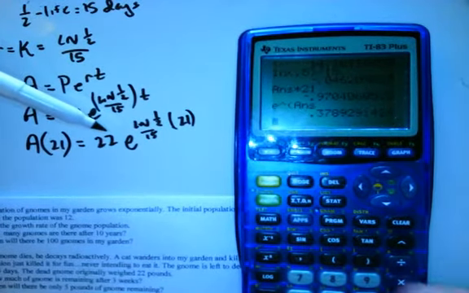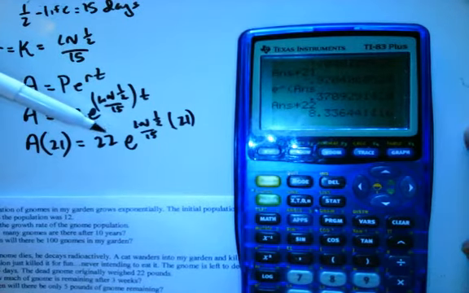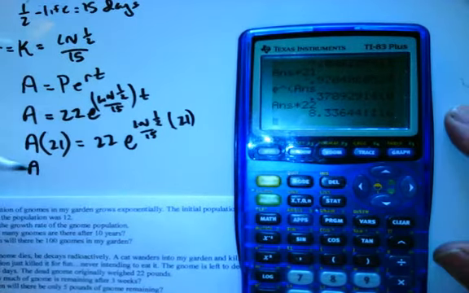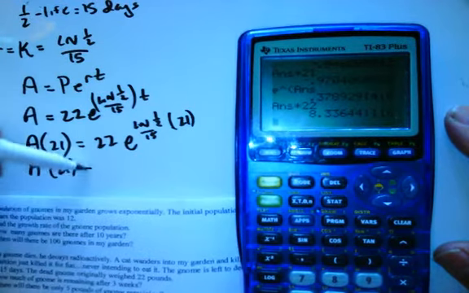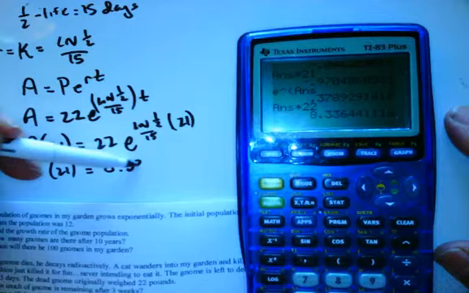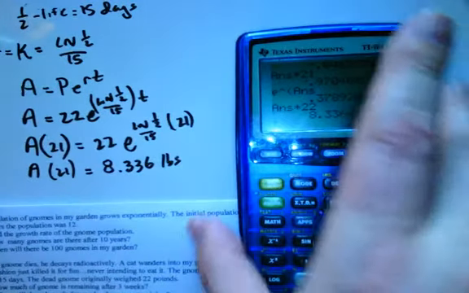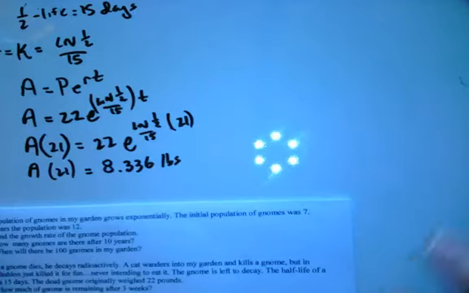I want e raised to that power, and I want to multiply that result by the original 22-pound gnome weight. So after 21 days, the gnome carcass remains will be 8.336 pounds.